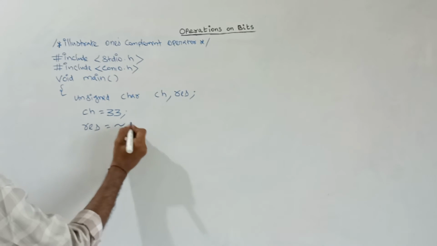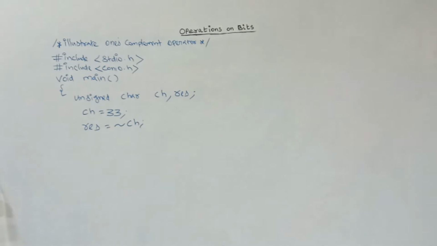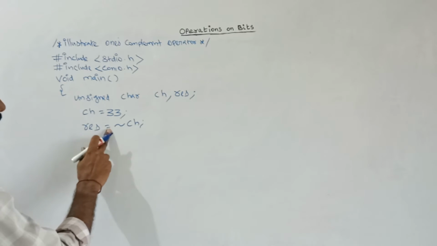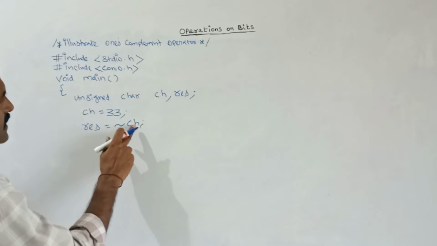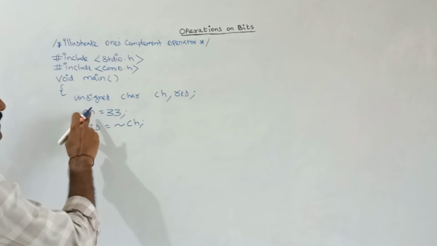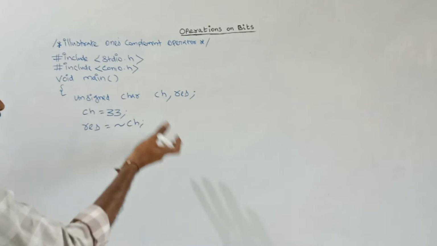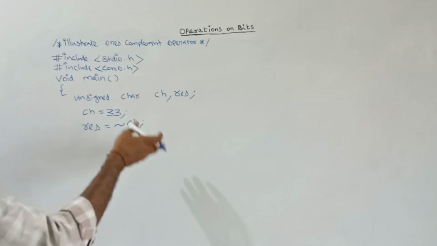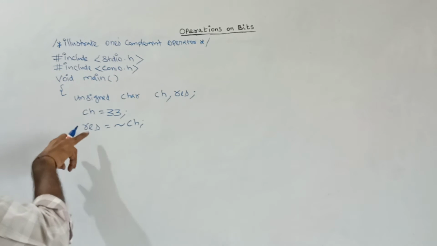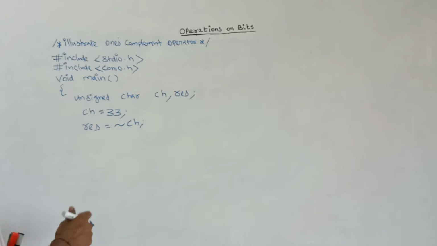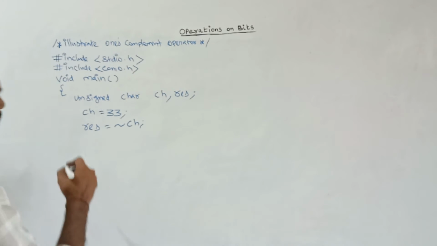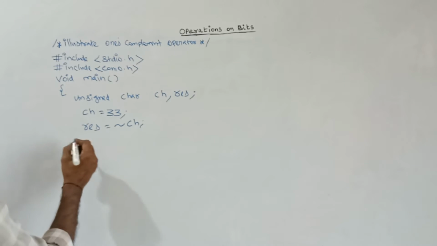Tilde symbol, after that this variable name ch. So res is equal to tilde ch, which means this ch value will be converted into the 1's complement. That 1's complement value will be stored in the variable res. Now let us see how the result will be printed.